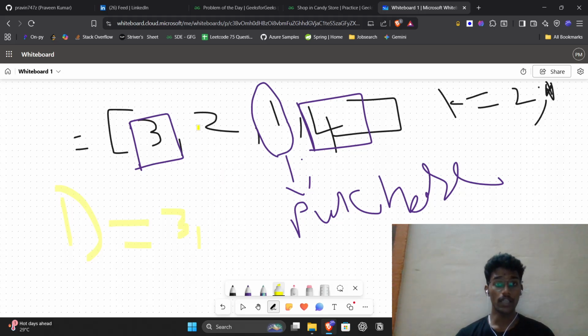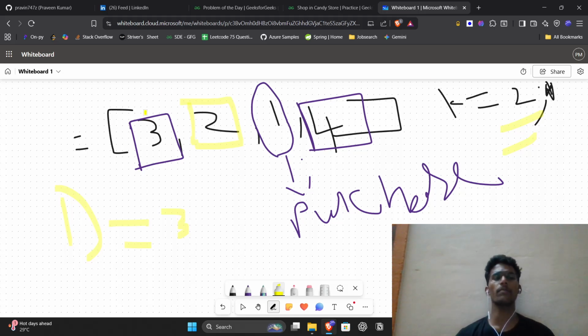But still, we have to acquire this one. We have to collect this one also. So once again, I'm going to make a purchase. This time I'm going to buy this candy. Now I purchased this one also, and the offer is still applicable, so I can get two more candies.